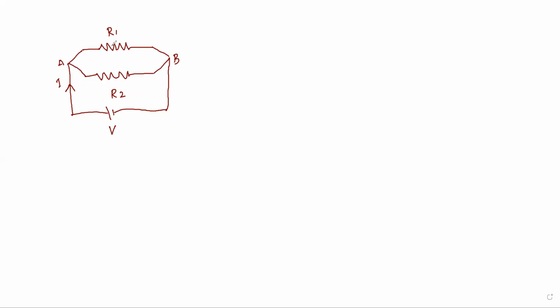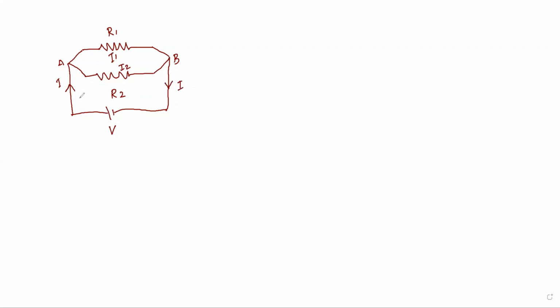One will be I1 and the other will be I2. So the current passing through the resistor R1 will be I1 and the current passing through the resistor R2 will be I2. And when these two currents pass both the resistors and reach the point B, they both become one again, and they come back to the negative end of the battery as I.